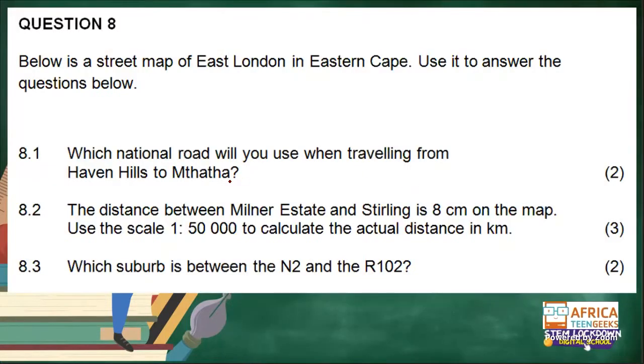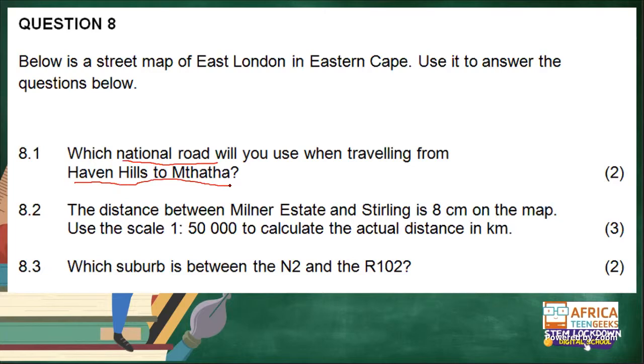Okay, 8.1. Which national road? So underline national road, because your answer must be a national road. Will you use when traveling from Heaven Hill to Mthatha? So Heaven Hill to Mthatha.